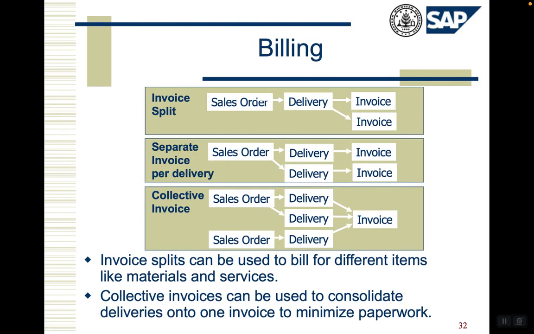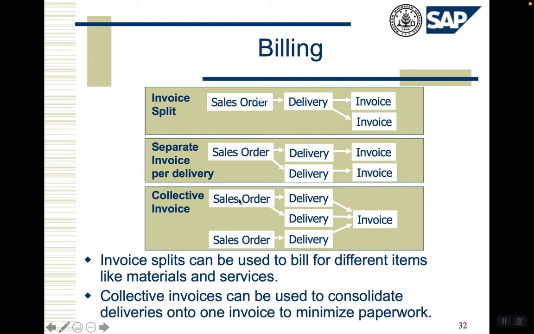And then billing is a little bit like delivery. Once again, we can have all sorts of different combinations of approaches with invoicing. We can have a one-to-one straight line sales order, delivery, invoice, or we could have a sales order, delivery, multiple invoices, or sales orders can create multiple deliveries and they will have their own invoices.